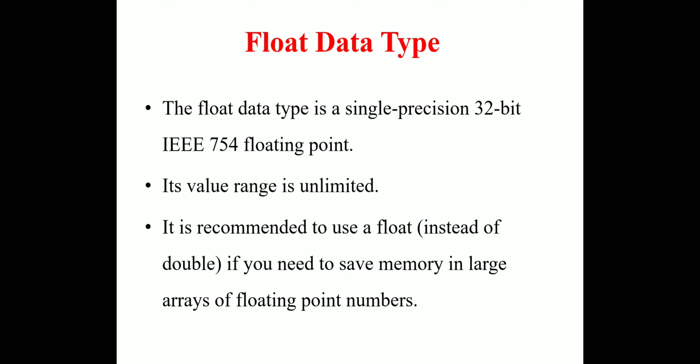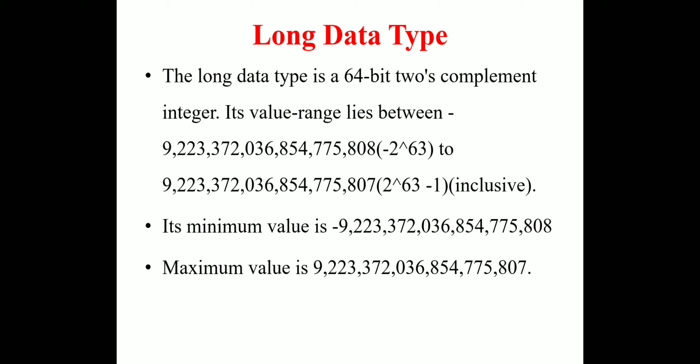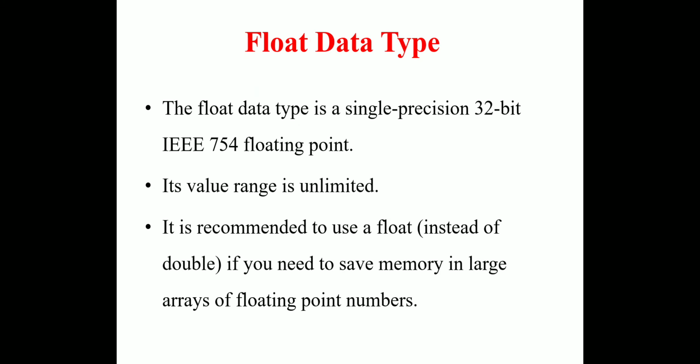Then we can discuss the float data type. The float data type is a single precision 32-bit floating point. It is recommended to use a float if you need to save memory in a large array of floating point numbers. We can use the float data type for floating point numbers.